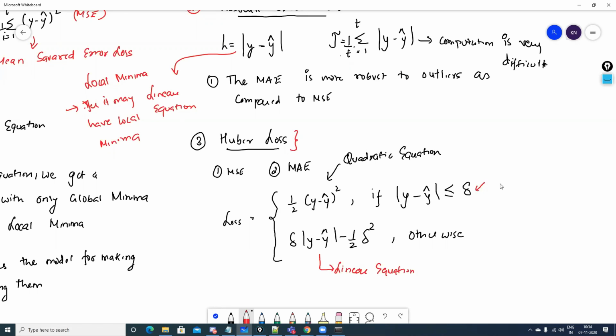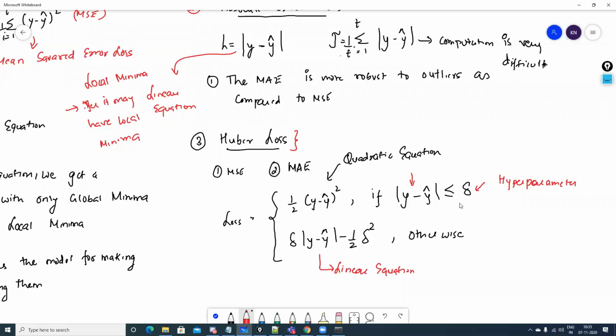This delta value is like a hyperparameter. When we are trying to compute the mean absolute error between y minus y hat, if it is less than this value, then I'm going to use this quadratic equation, and then only I'm going to penalize it. So what does this basically say, guys?